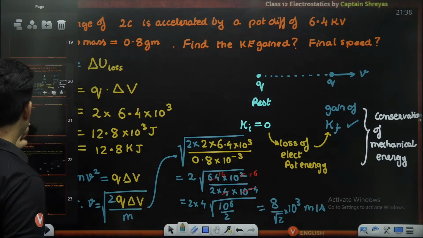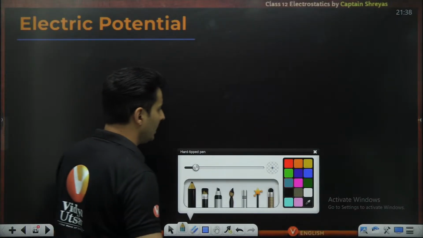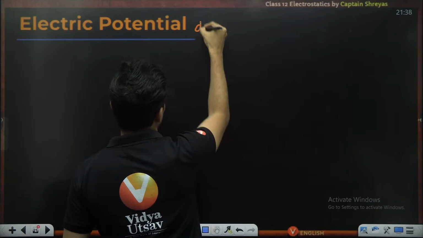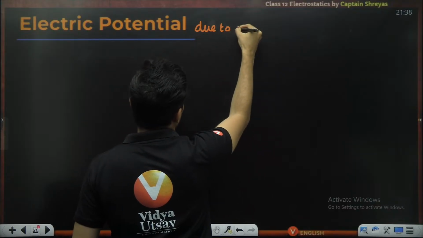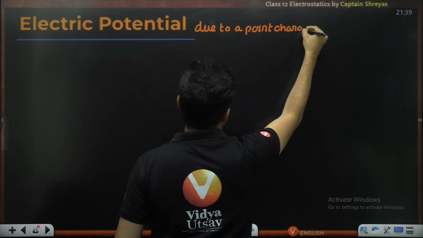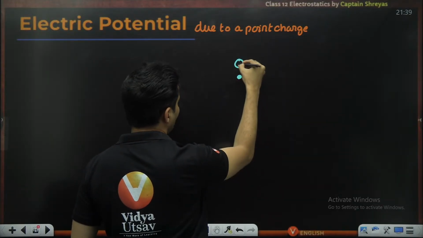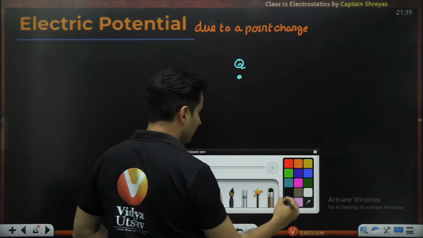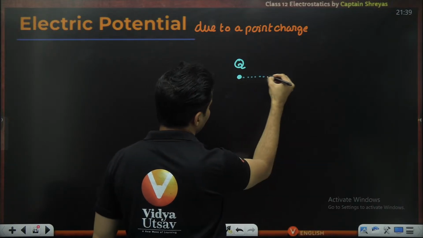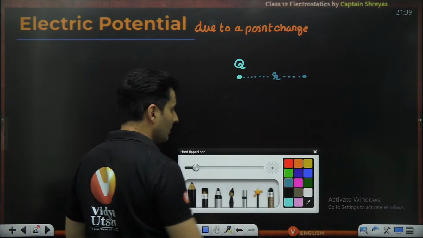But sir, is there a formula for finding electric potential due to a point charge? Yes, electric potential due to a point charge. Imagine there is a charge capital Q over here, and at certain distance r, I'm interested in figuring out what is the potential.